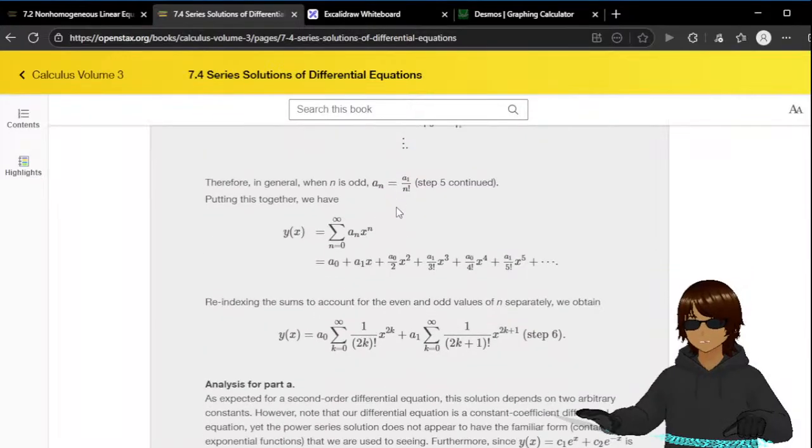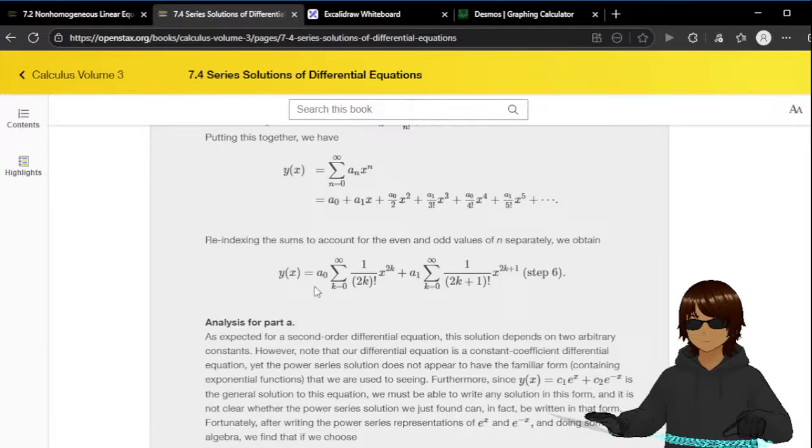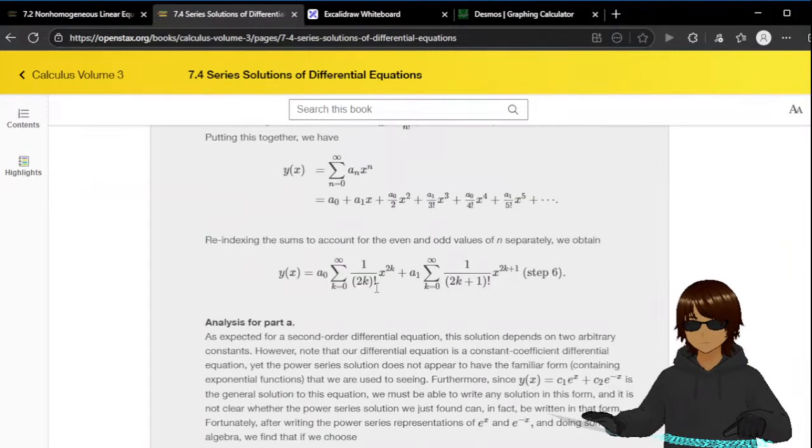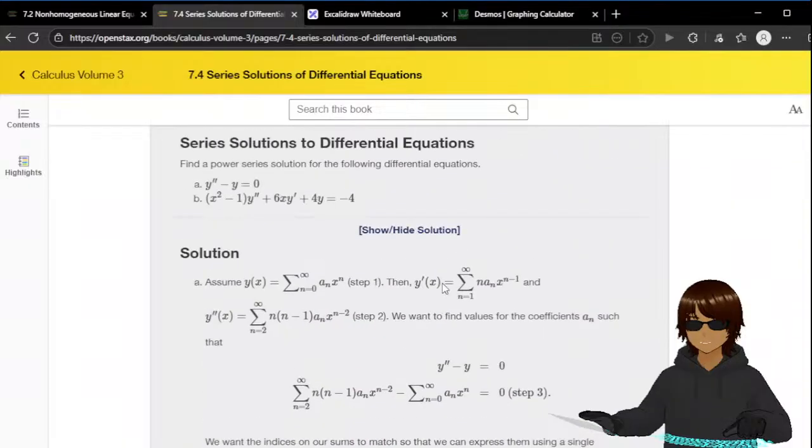That's what they're saying. a0, a1, 0 over 2, a1 over 3 factorial, 0 over 4 factorial, a1 over 5 factorial. This solution, okay.